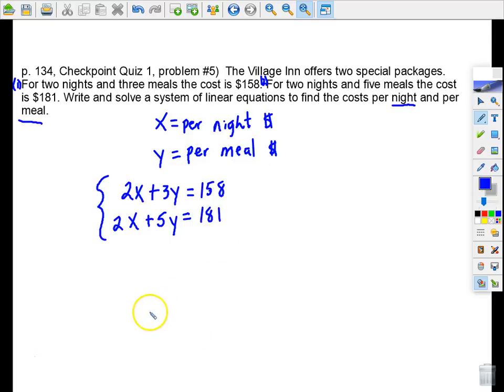So we can pick either method. I think you recognize that probably elimination works best because I have these matching X terms, and all it really takes is subtraction all the way across to eliminate X. All right.